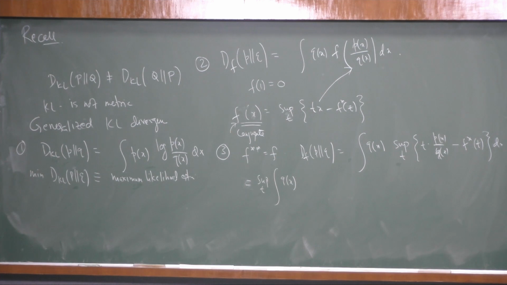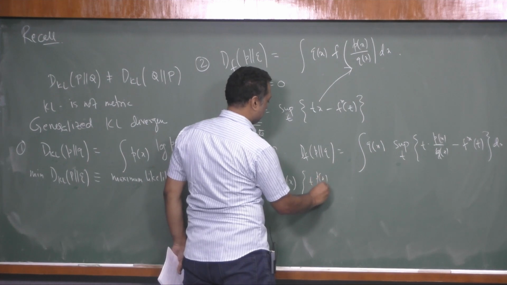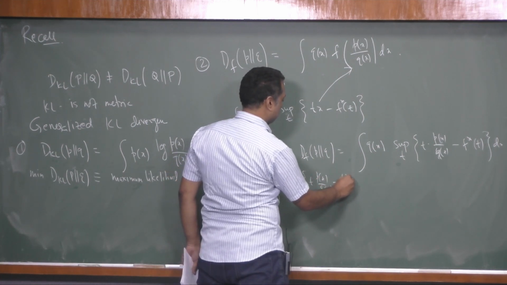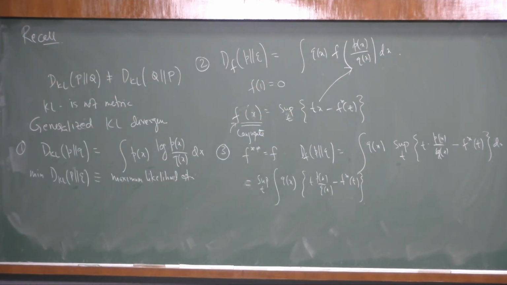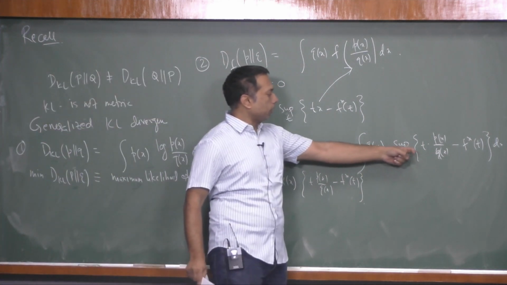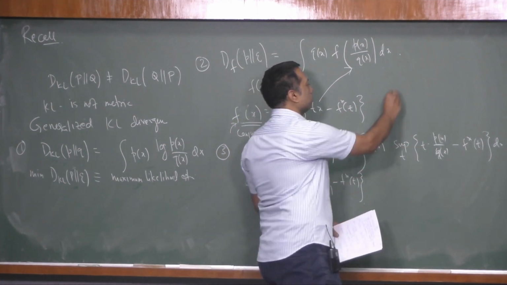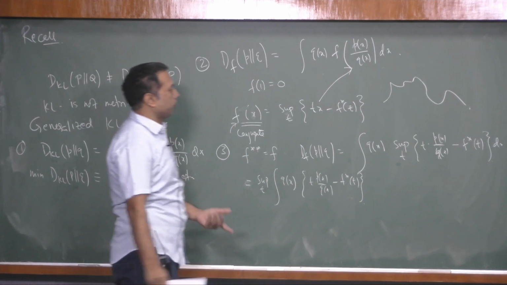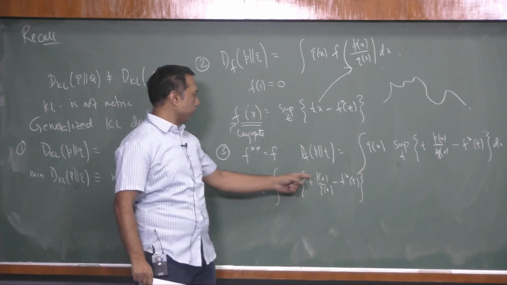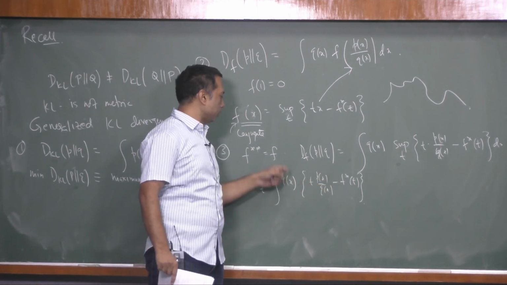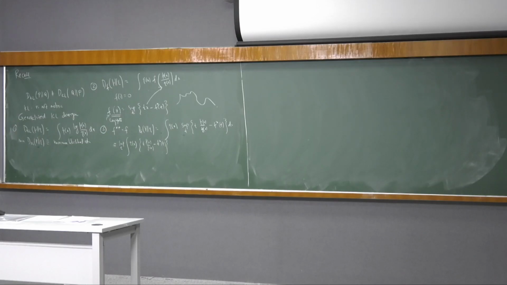So I cannot just say take the supremum out and this is just t(p(x)/q(x)) minus f star of t. This is clearly wrong, because I am treating t as a linear function right now, but while it was inside, it was being supremized. So t could have taken any values, which is nonlinear. If I take the supremum outside, then I am saying to treat t as linear, and this whole thing as a function of x, and integrate, which is wrong.